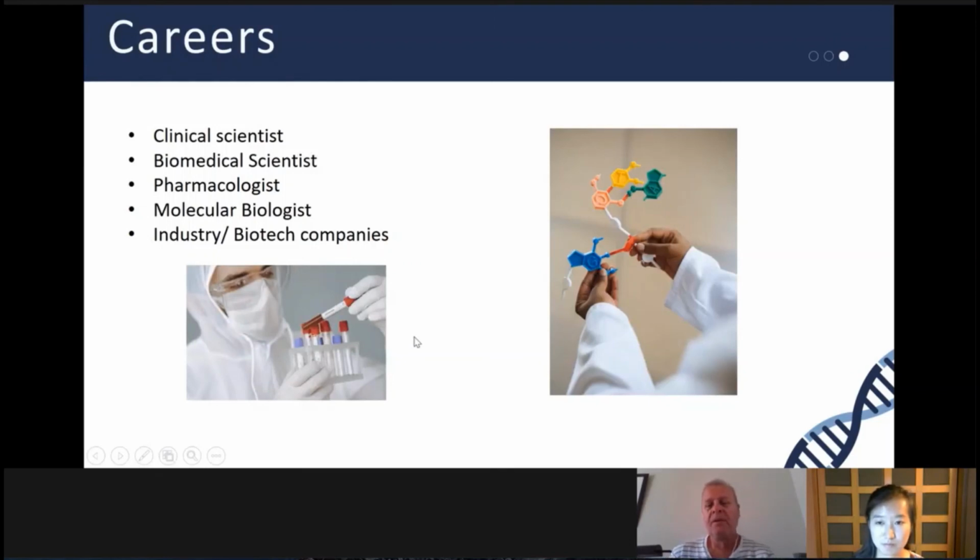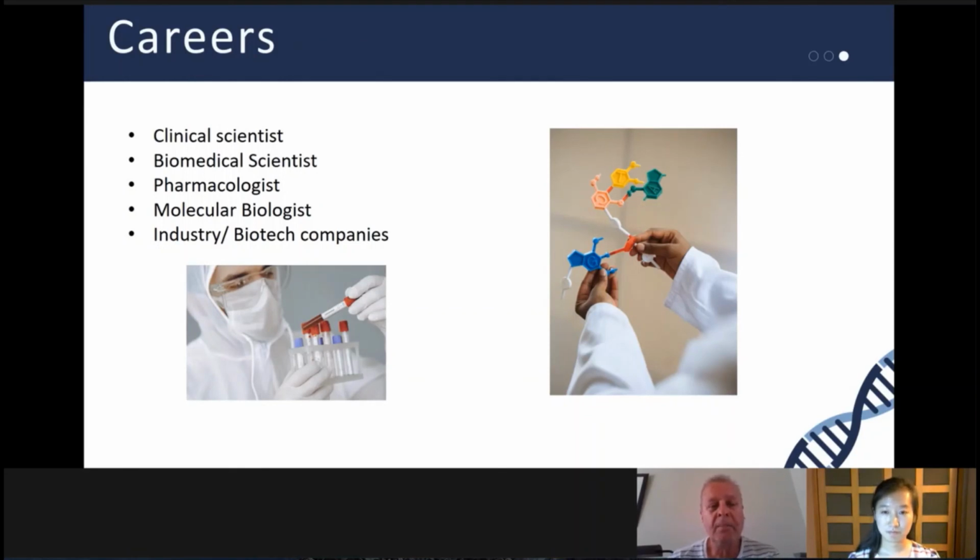So what careers can you enter into within immunology? Well, immunology can, of course, be very clinical. So having studied medicine, for example, and you're a medical doctor, you can specialize in immunology.